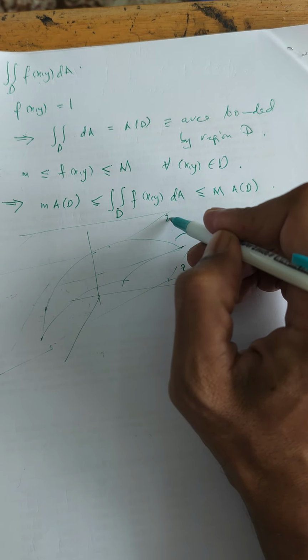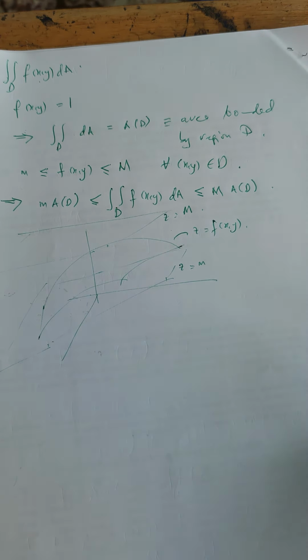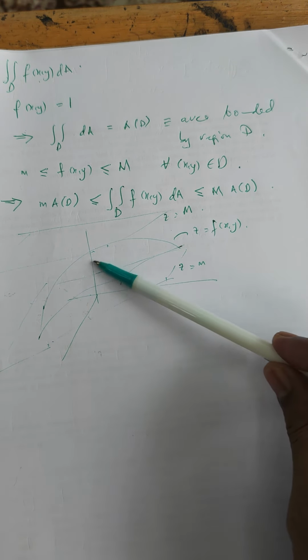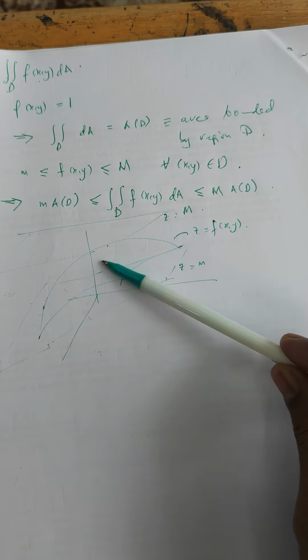This is z equal to capital M. So obviously in this case the surface lies in between the planes z equal to m and z equal to capital M.